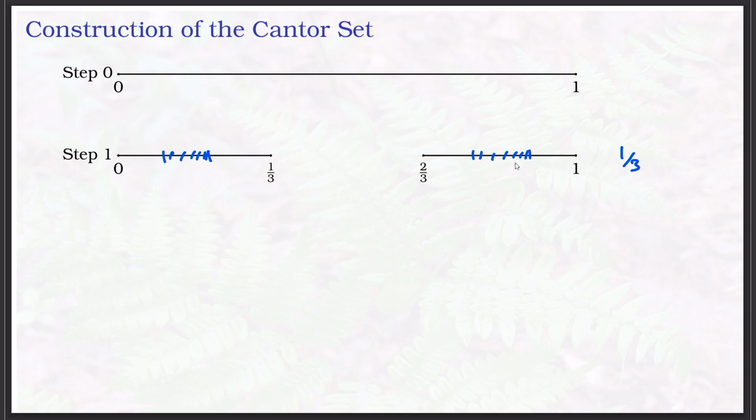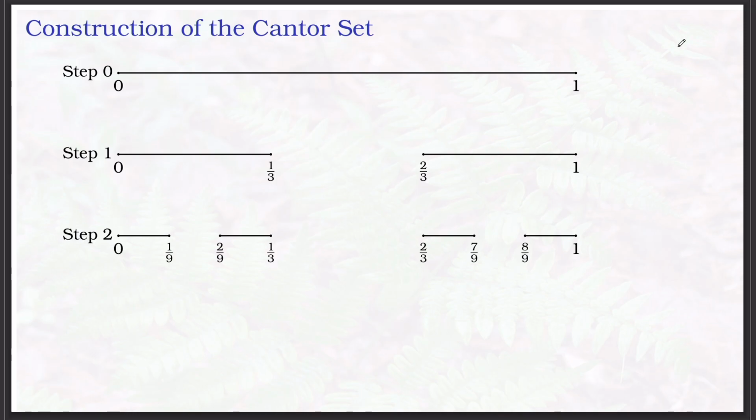After the second iteration, one gets 4 intervals of length 1/9. Again, apply the same process. Divide each of these 4 intervals into 3 equal parts and remove the middle open interval in each.